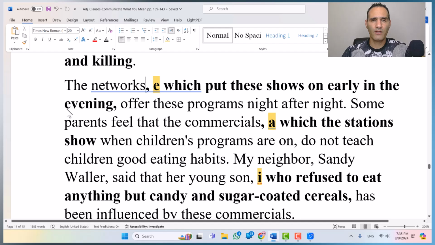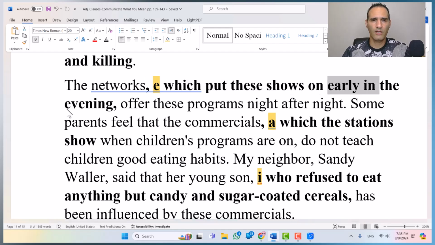The new paragraph: The networks which put these shows on early in the evening offer these programs night after night.